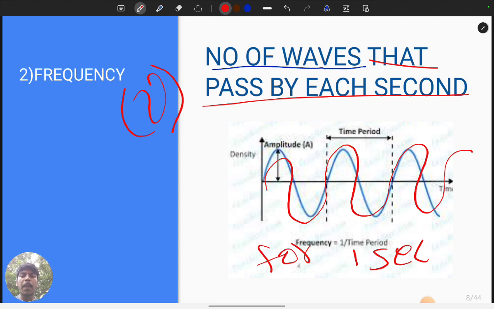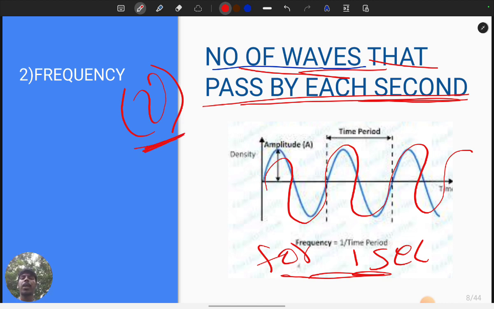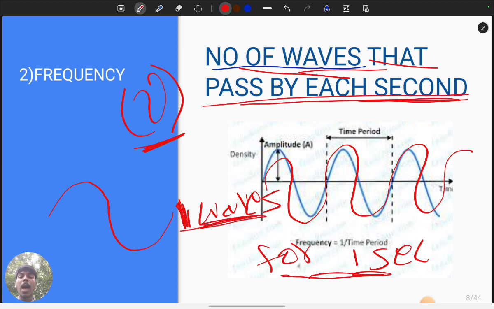So the number of waves that pass by each second is called frequency. For example, one crest and one trough constitute one wave. So how many waves are being passed per 1 second? For 1 second, how many deflections are being seen in this graph?